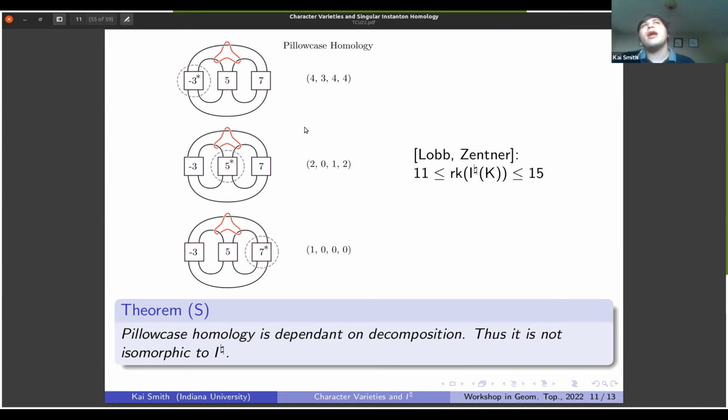Especially if I'm just looking at pretzel knots, for example, one thing I noticed was that for all alternating pretzel knots, if I do these three decompositions, I do always get the same pillowcase homology. So it's possible that with certain restrictions, your knot will always give you the same pillowcase homology no matter where you decompose it. But in general, it doesn't work.